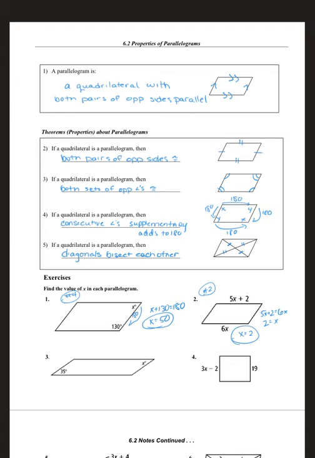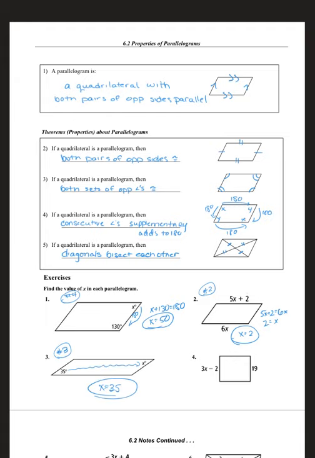Okay, looking at number 3. Now this one's dealing with angles, and instead of being next to each other, these angles are opposite each other. So that's going to be property number 3, and it says that opposite angles are congruent. That means they're the same, so x has to be 35.